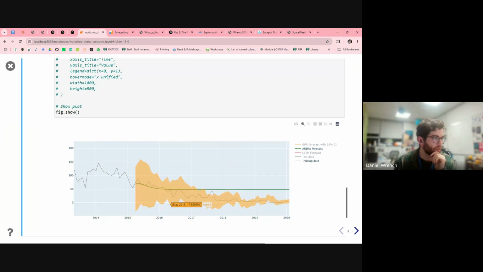Let's do that. So it does capture some of that decrease that we observed, albeit in a very smooth kind of average sense. But then it does quickly flatten out because, as I said, ARIMA is very mean reverting. However, I could have improved it by accounting for the seasonality.